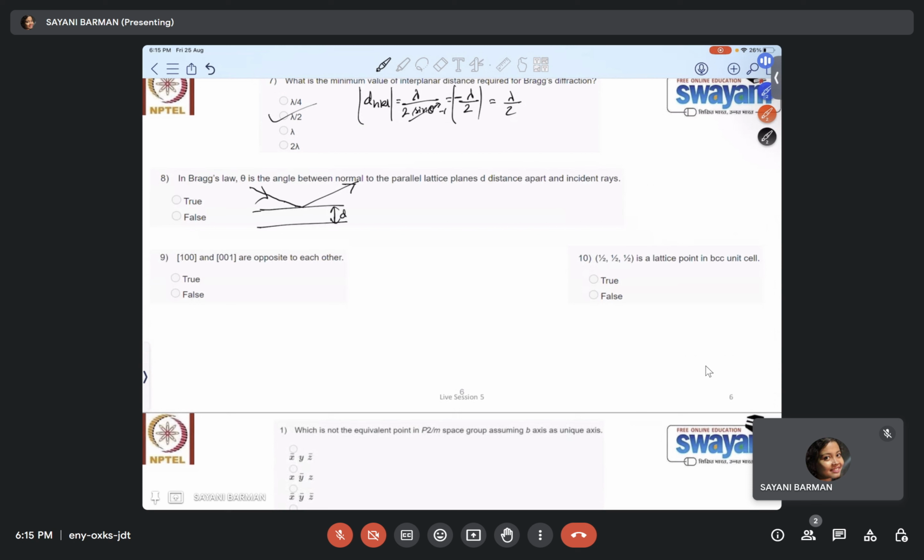Then the incident angle is theta. Now, if this comes here, then the diffracted angle is 2 theta, right? This is the diffracted angle. This one is the incident angle.